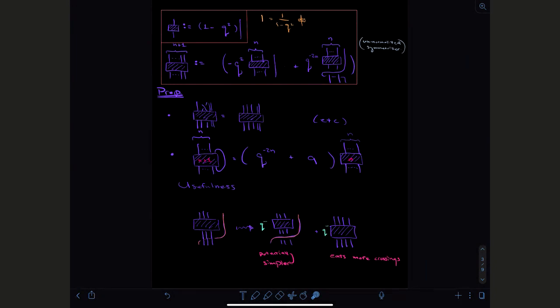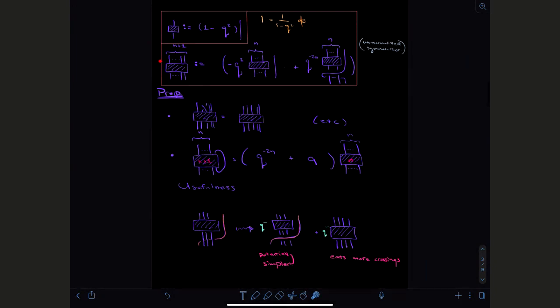And once you have a symmetrizer, after you rearrange this recursion relation a little bit, you end up with this linear relation. So if you ever see a strand passing entirely below a symmetrizer, then you can exchange that for a strand passing entirely above that symmetrizer, plus a term with a bigger symmetrizer.